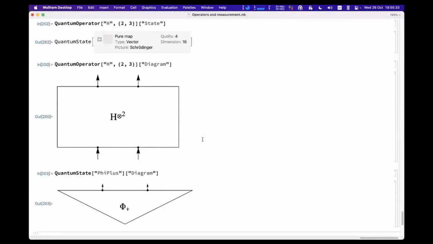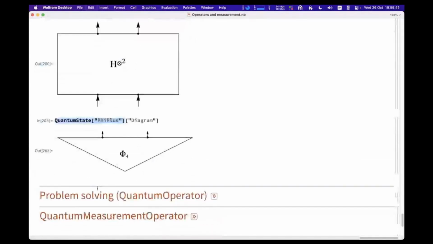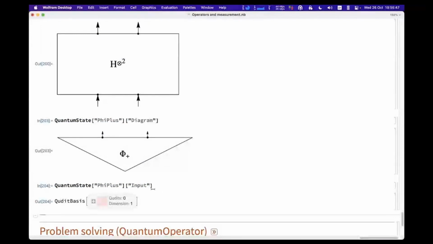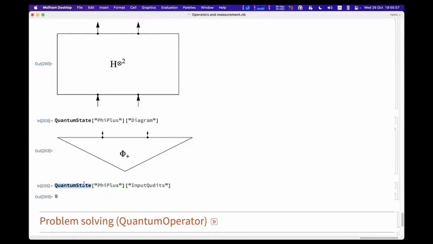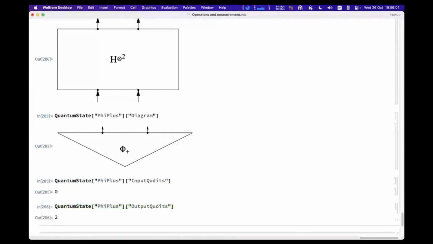So we have the property input, input qubits. Was it input qubit? Oh yeah, you see 0 qubit. Yeah. Input, and then let's ask for the output. I guess the output is output qubits. Okay, and the output is going to be 2.